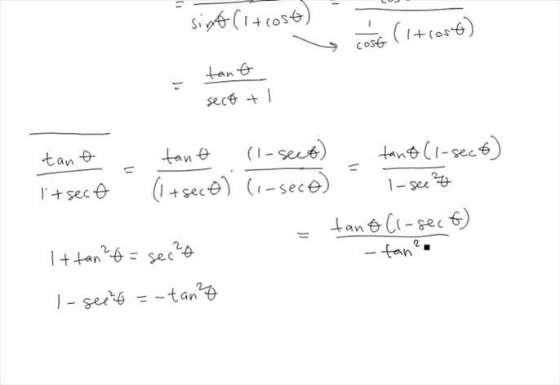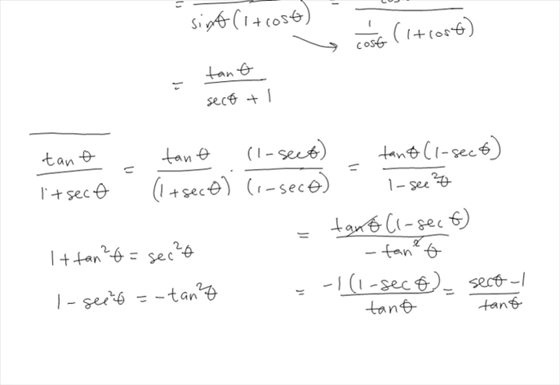This negative sign here can be thought of as being a negative 1 times 1 minus secant theta. And now if we distribute that negative sign inside of the numerator, we get secant theta minus 1 over tangent theta. And the final step is to divide both these by tangent.